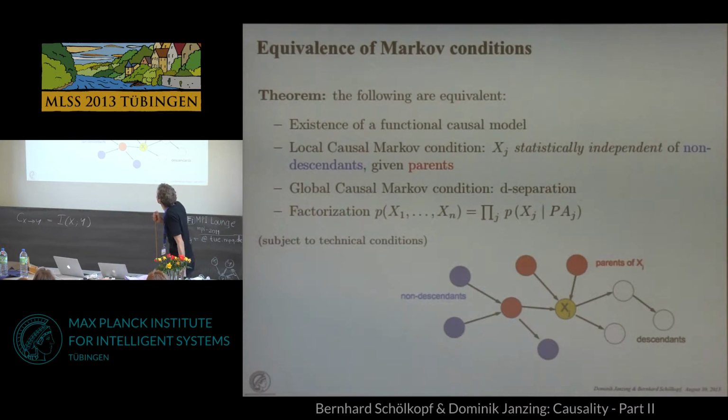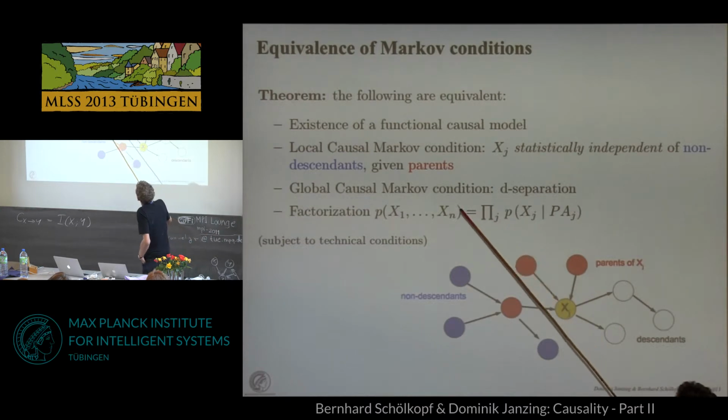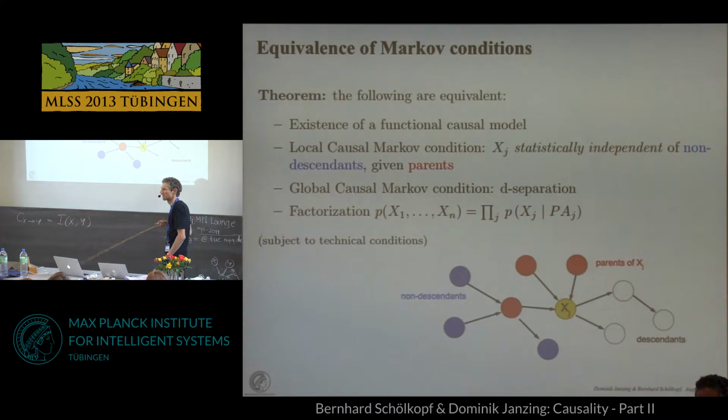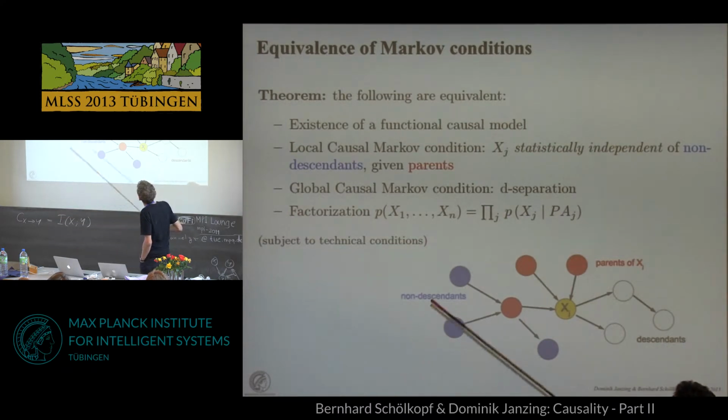Bernhard mentioned the equivalent Markov conditions, and I'm going to explain why they are equivalent, at least give some first sketch. We had the following conditions. We have the existence of the functional causal model, so these structural equation models.